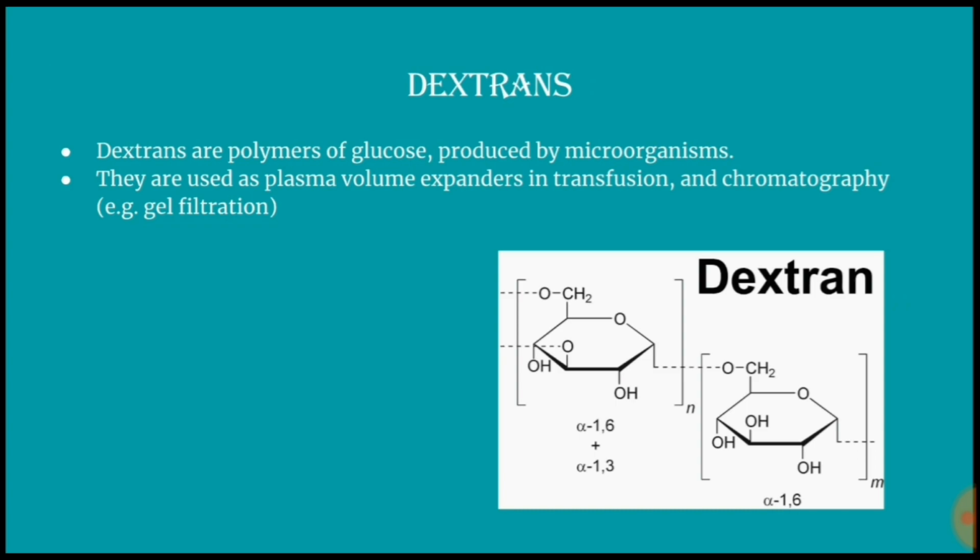Plasma volume expanders increase the volume of the blood. Dextrans are given through IV for increasing the blood volume. When there is heavy loss of blood, they can be used as transfusions.